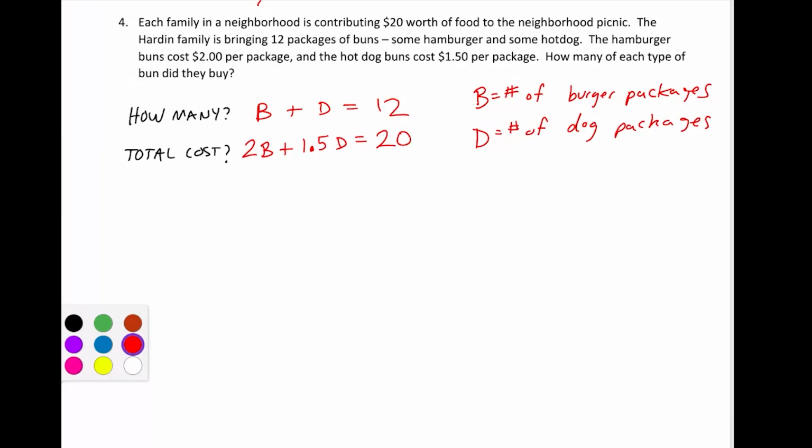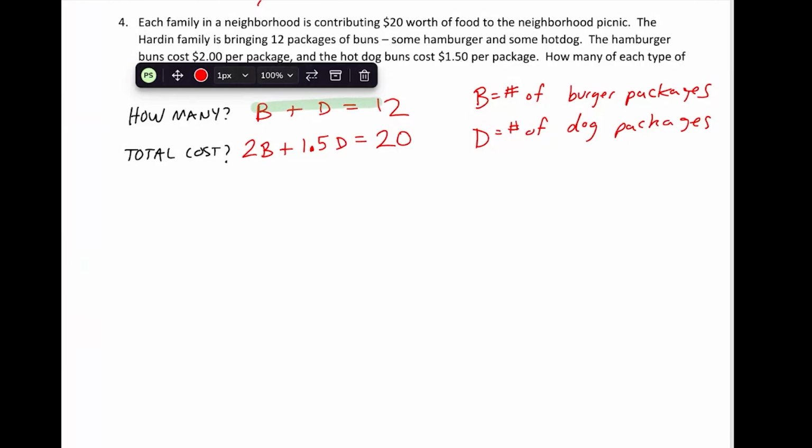And so now we're just going to go through those same basic steps that we did on the first one. First, I do need to isolate one of my variables. Just like with the first one, the equation talking about how many there are is going to be a lot easier to isolate a variable in. And here, it doesn't really matter whether you do B or D, because you need both of them anyway. So we'll just pick one.